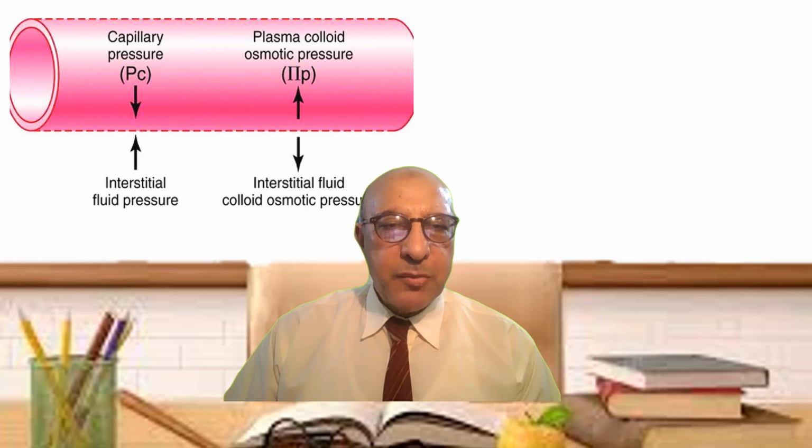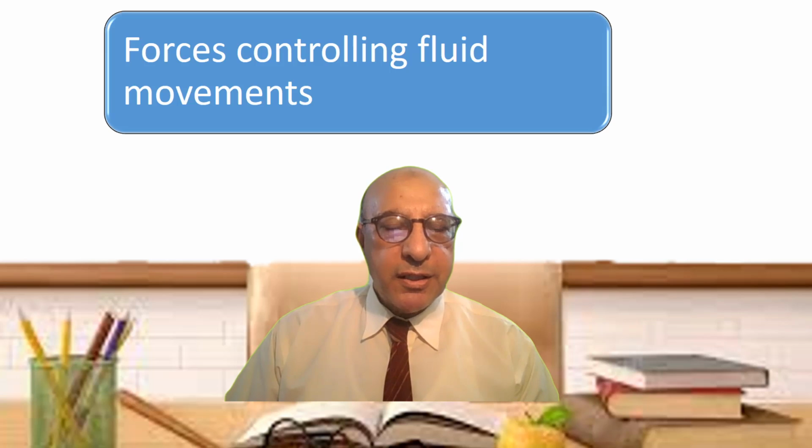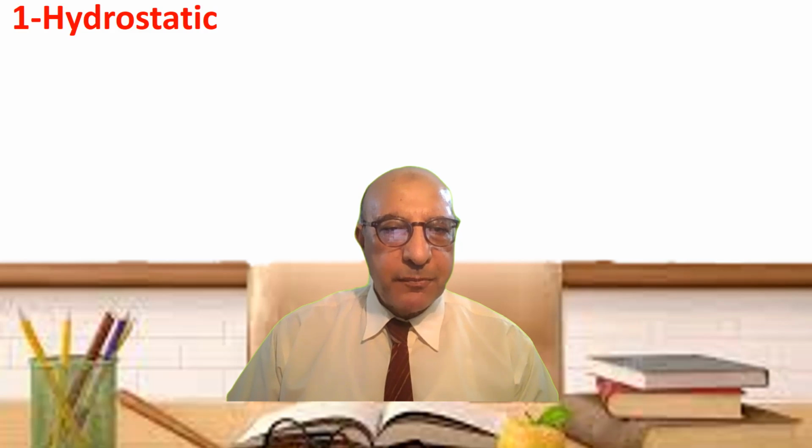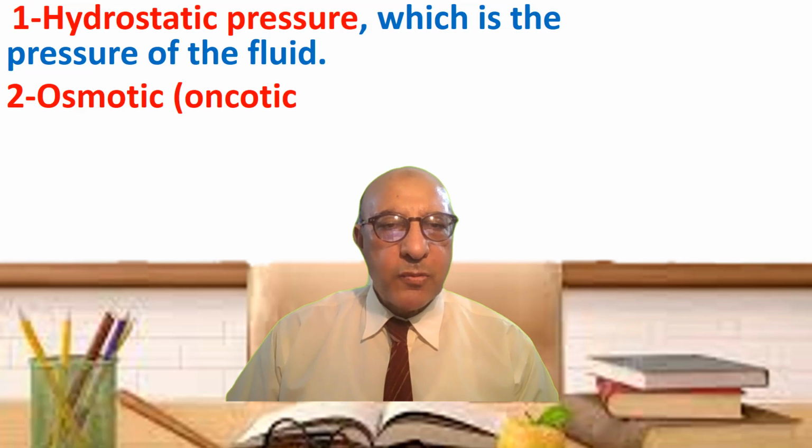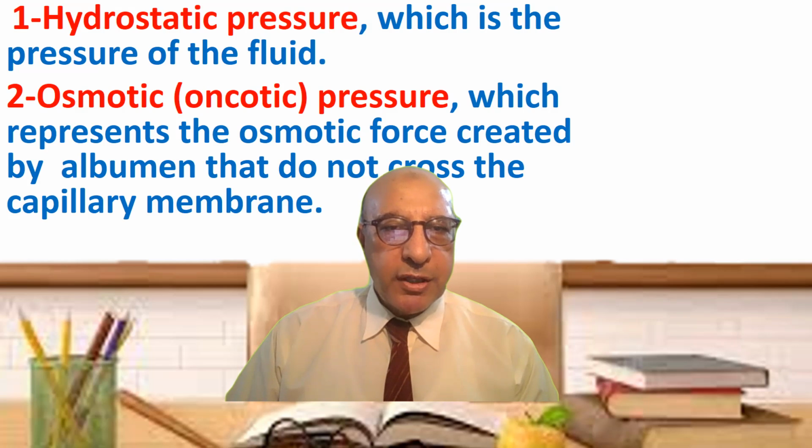The net result between them, the difference between the capillary hydrostatic pressure and the plasma colloid osmotic pressure due to albumin, will decide if the fluid will move out of the capillary to the interstitial space, what we call filtration, or the fluid will move from the interstitial space to the capillary lumen, what we call absorption.